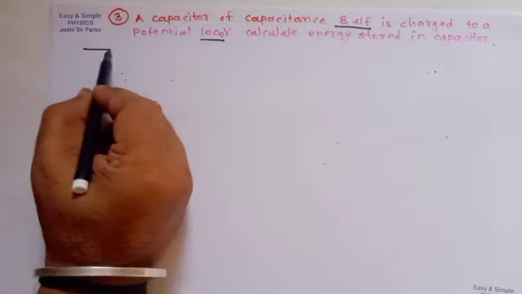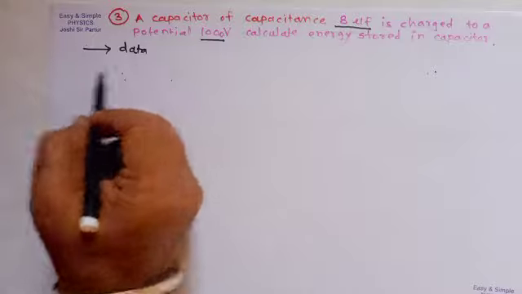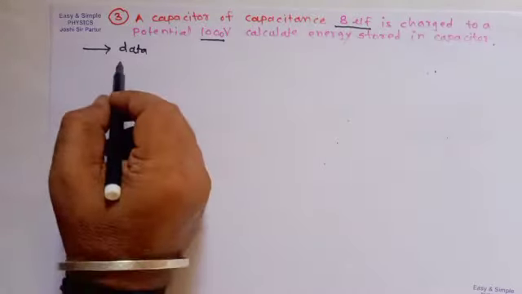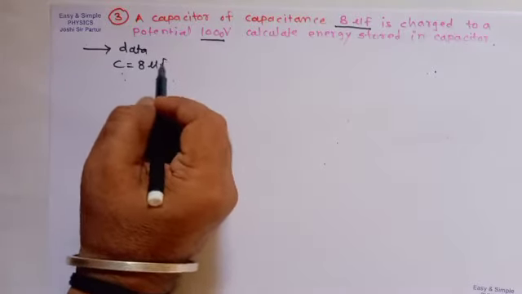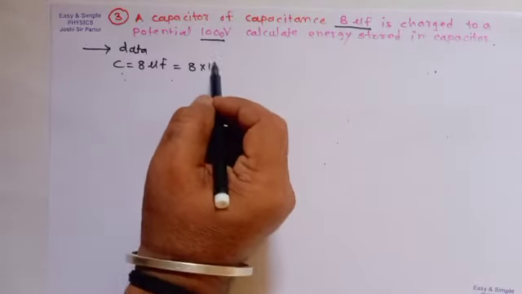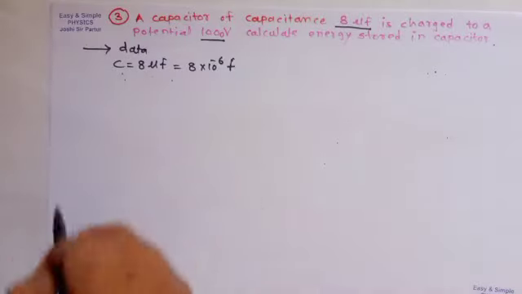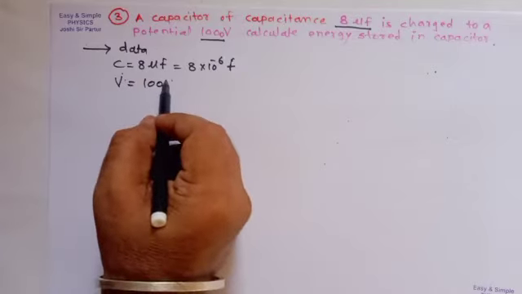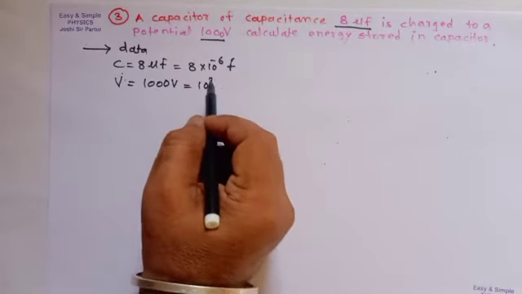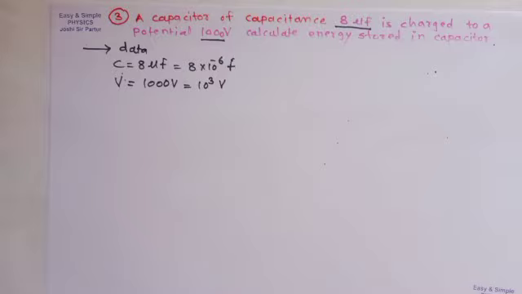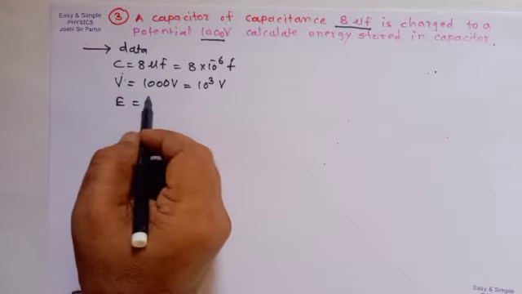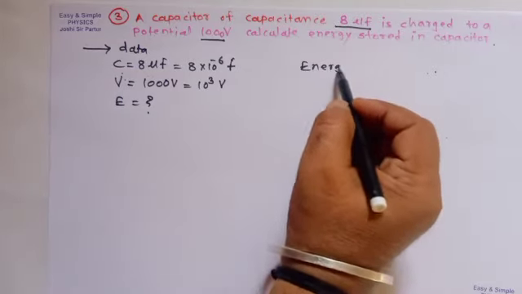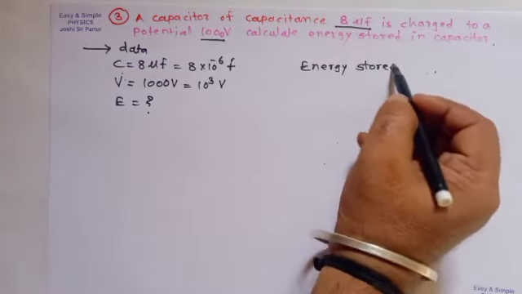Such types of examples are asked in competitive examinations. Here the capacity is given as 8 microfarad, meaning 8 into 10 raised to minus 6 farad, and the potential is given as 1000 volt, meaning 10 raised to 3 volt, and we can find out the energy which is stored. So here we can use the energy stored in a capacitor.